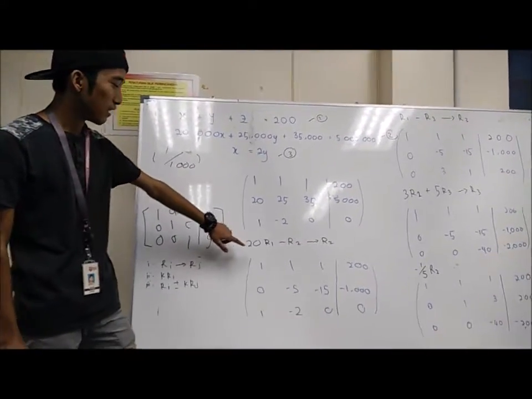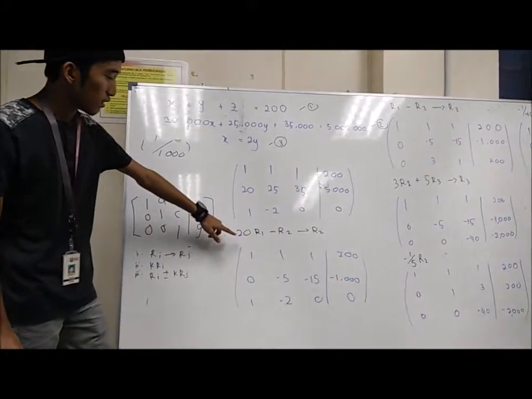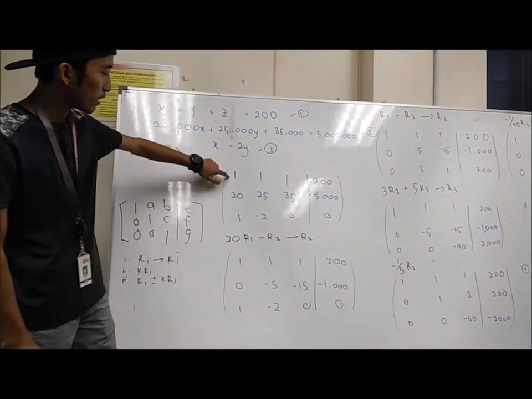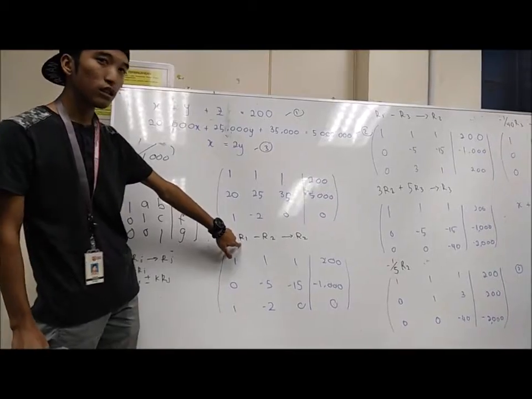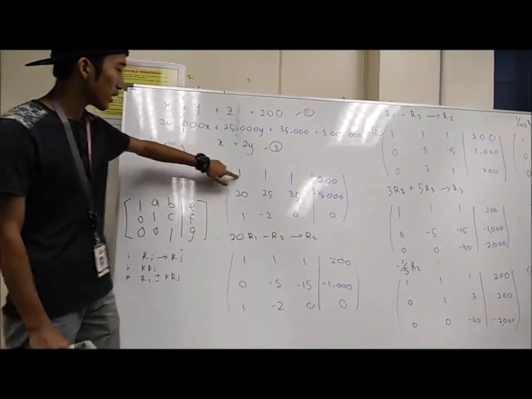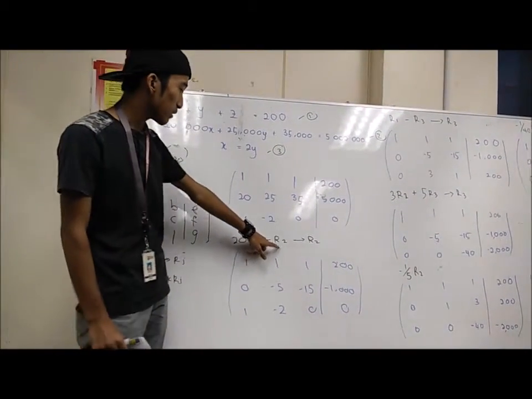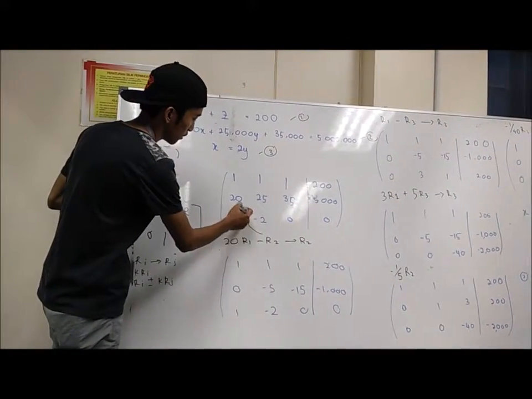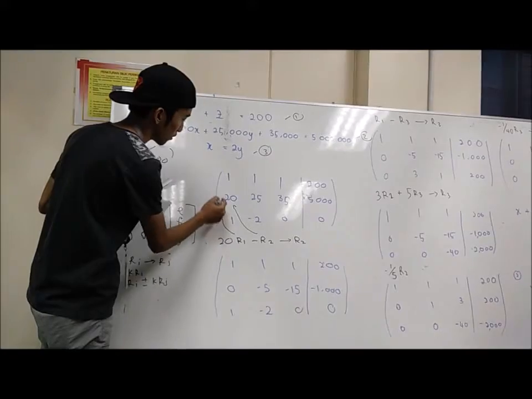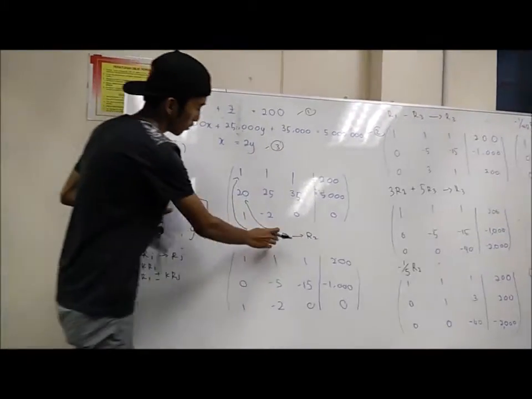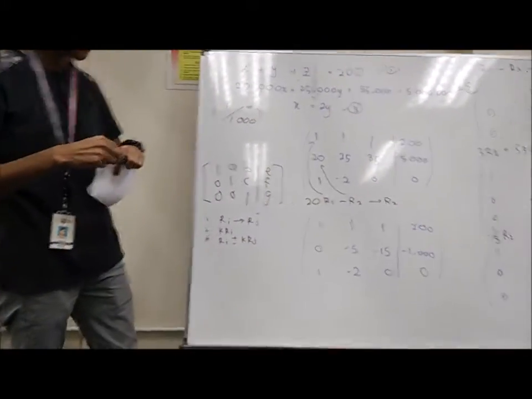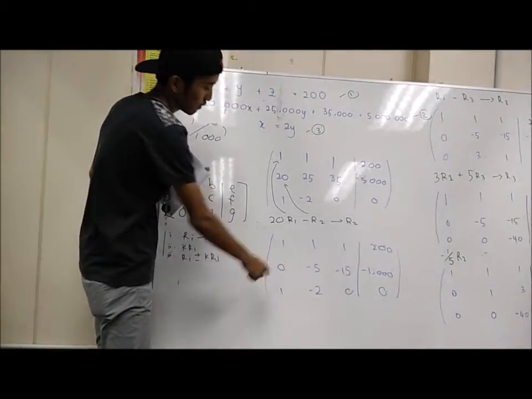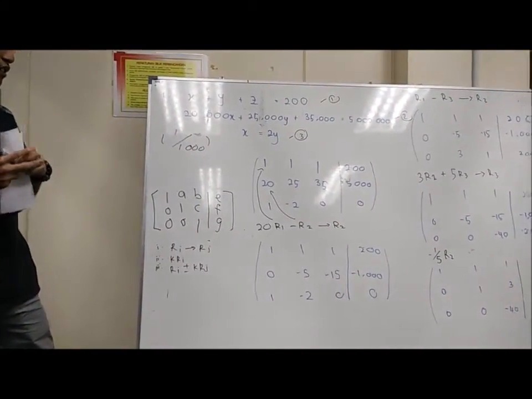Next formula is we use this formula 20 times 1, because we use the R1 row 1, and minus row 2. This row 2, this row 1. So we must use the formula, then we can get the value of 0.